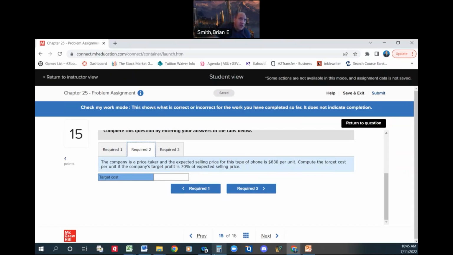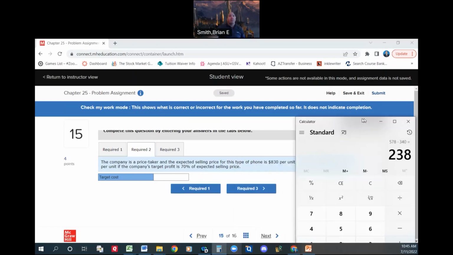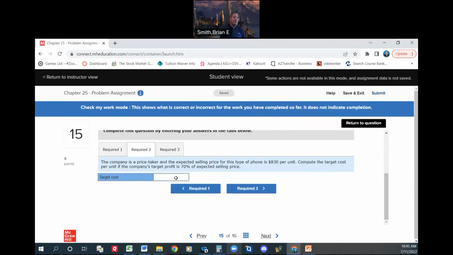All right, we're going to take that $830 per unit and multiply that by 0.7 for $581. So that's our target profit. So our total costs have to be 830 minus 581, $249.